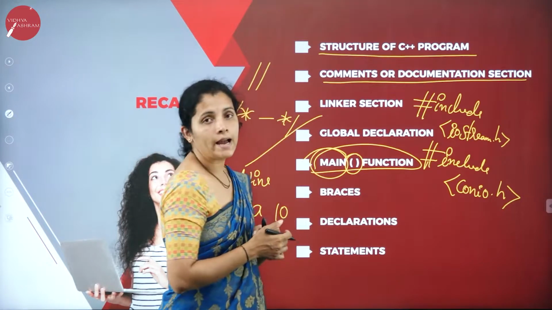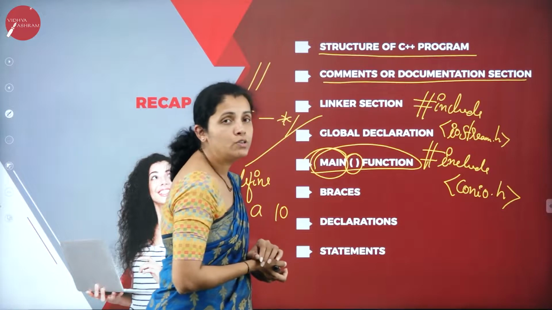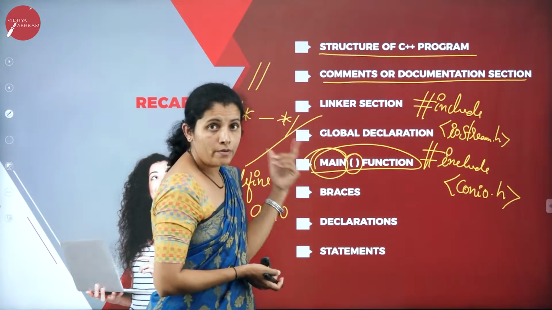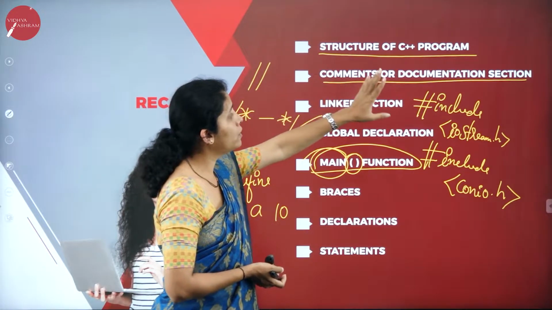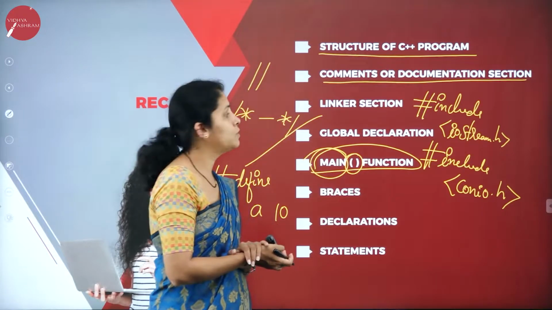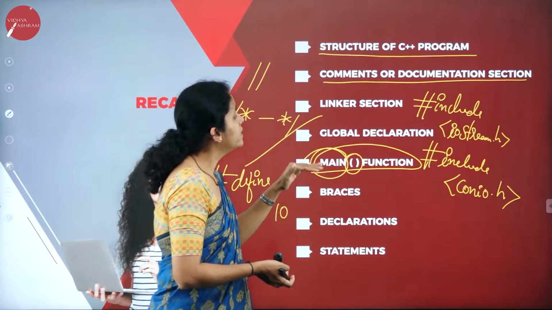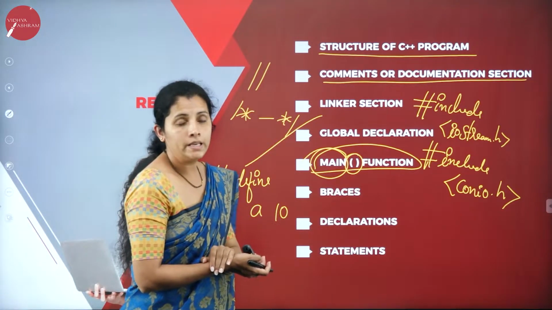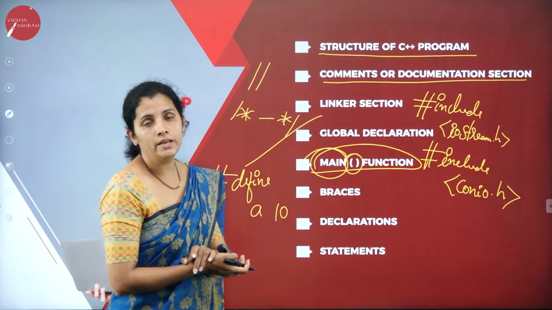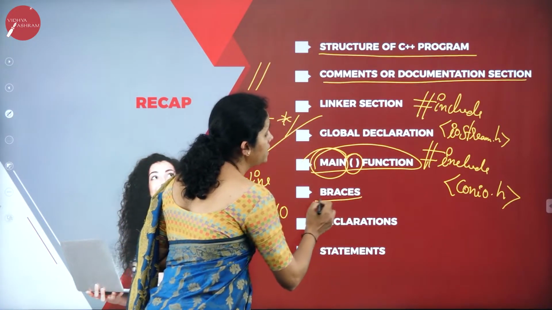This indicates that this is a function, and the actual execution of the program is going to start from the main function, even though I have the comment, linker or global declaration sections. The execution of the actual program begins from the main function, and I'm going to have the braces.